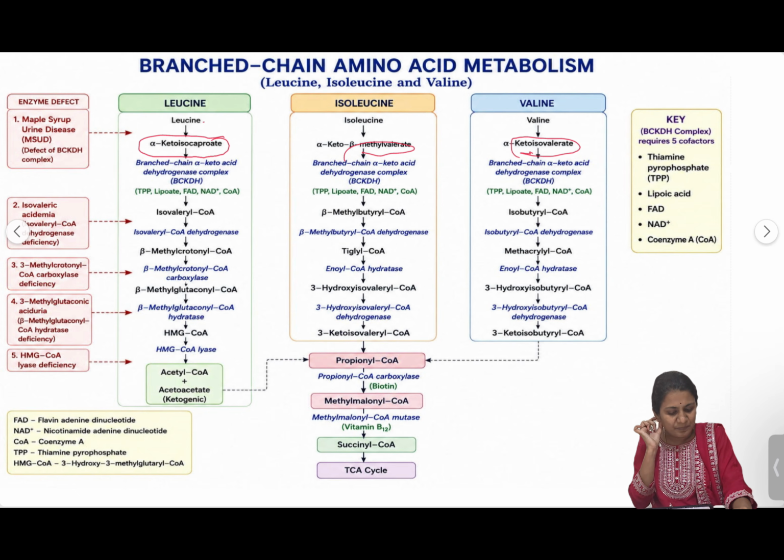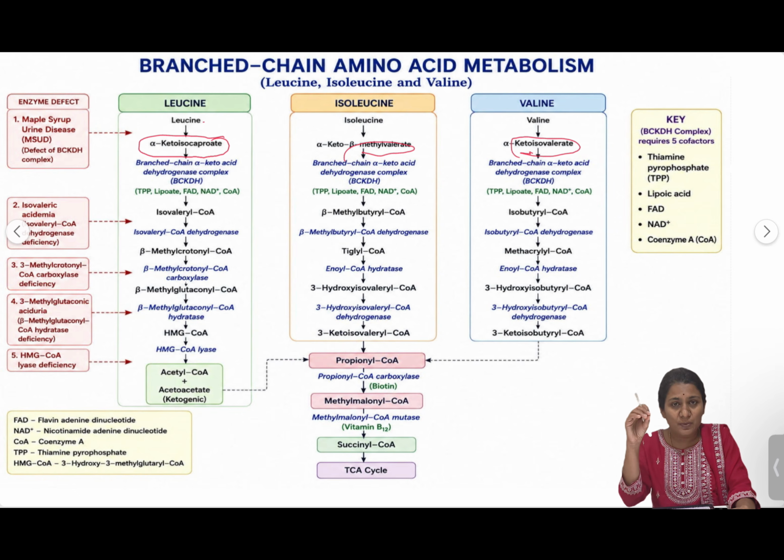In the transamination reaction, the amino group is removed and added to another keto group, and the amino acid is converted into a keto acid, that is alpha keto isocaproate. There are several enzymes involved, and according to them there are many metabolic disorders.